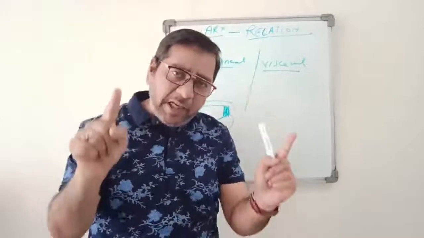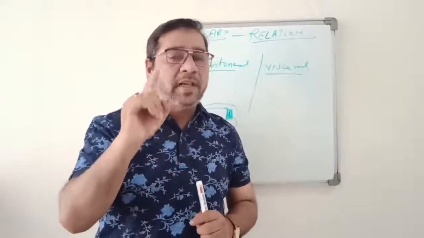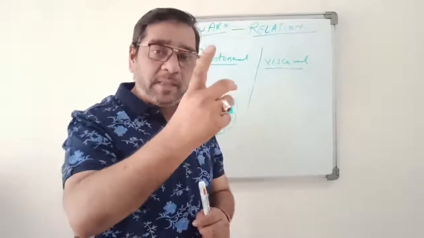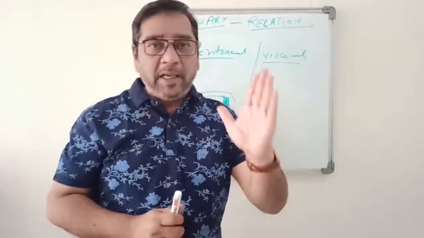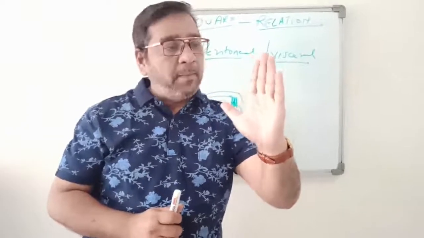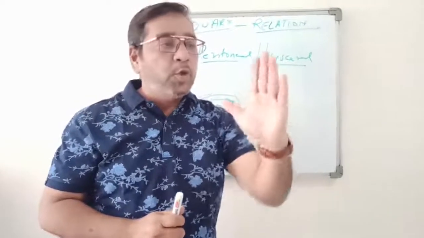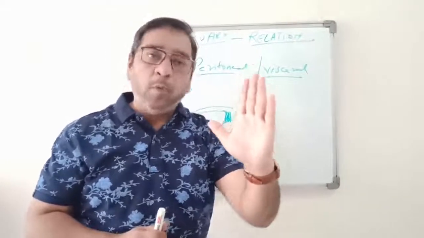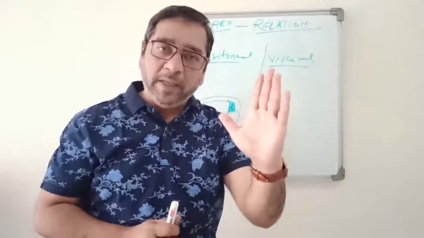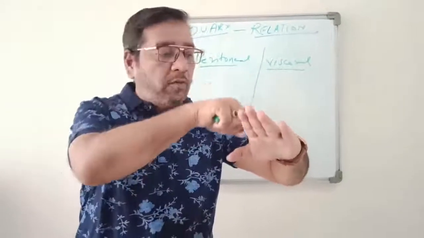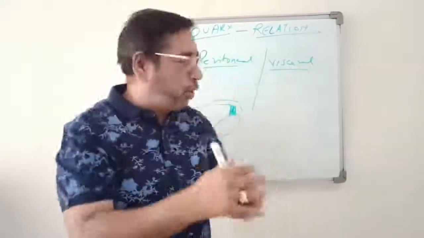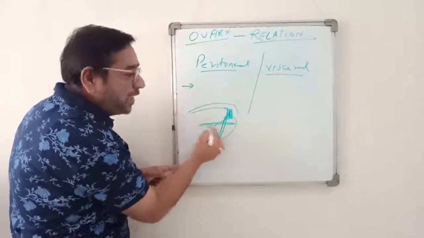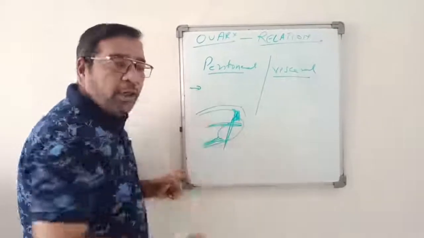Maximum of the relations of the ovary are with the uterine tube. But the ovary changes position. As I told you, in a nulliparous woman it is vertical and in a multiparous woman it is horizontal. So the relation changes in nulliparous and multiparous women. But whatever the position of the ovary, the maximum relations of the ovary are with the fallopian tube, that means here. So even if the ovary is like this or like this, the relation is going to be the uterine tube.